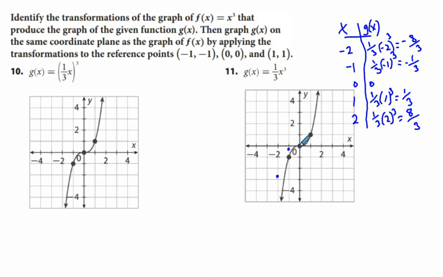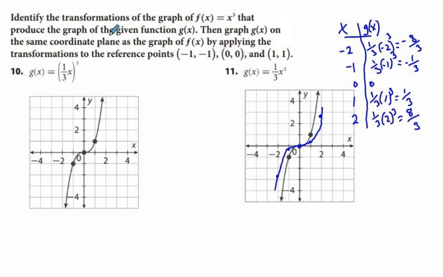We have 0, 0. We have 1 comma 1/3, and we have 2 comma 8/3. So that's going to look like this. We graph like this. It'll look something like that. All right, that's pretty good.